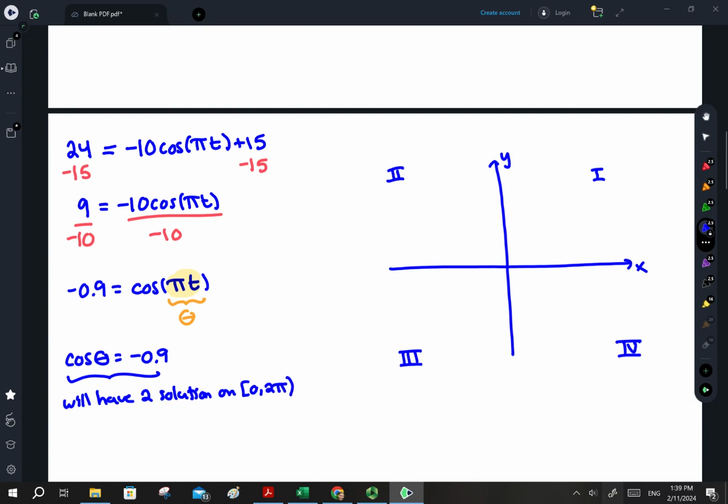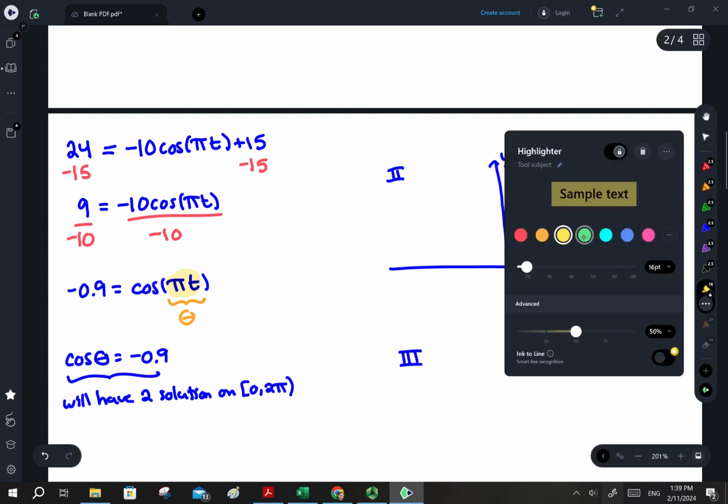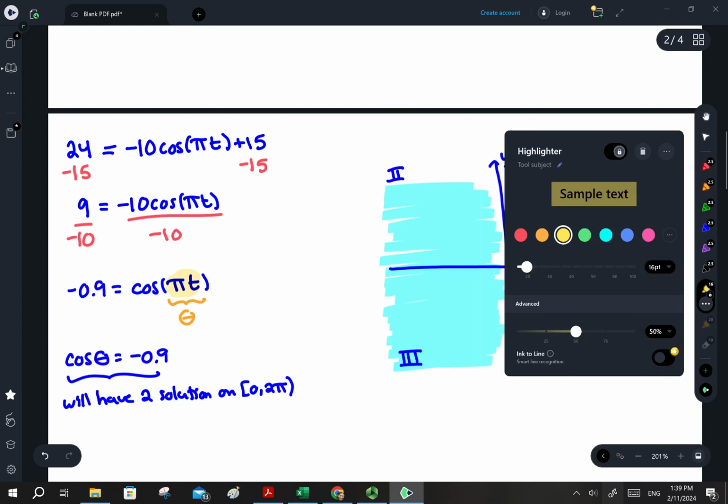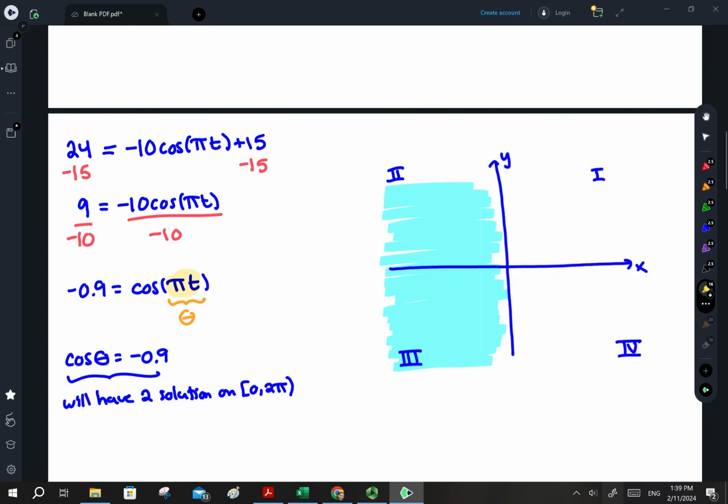And because cosine is negative in quadrants 2 and 3, because cosine corresponds to the x-coordinate, and the x-coordinate is negative when we are to the left of the y-axis, I know my two solutions are in quadrant 2 and quadrant 3 when I'm limiting myself to 0 to 2 pi. I can find my first solution using the inverse cosine. I really have to use the inverse cosine because negative 0.9 is not one of the x values from our unit circle common angles.